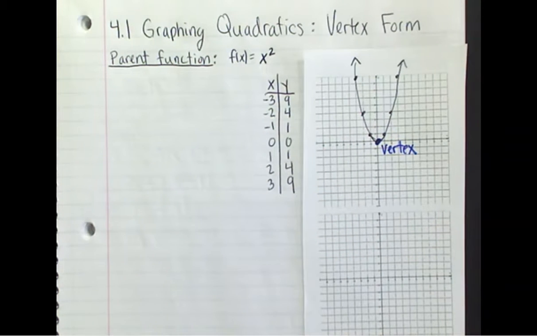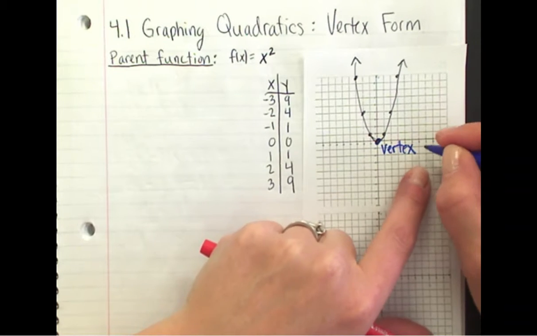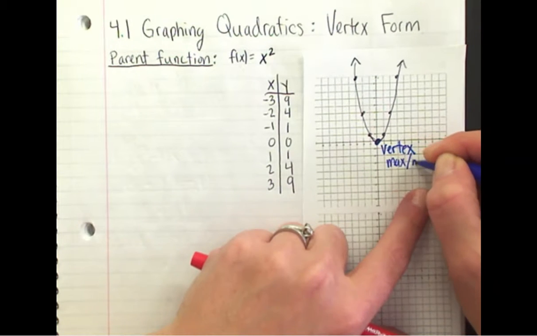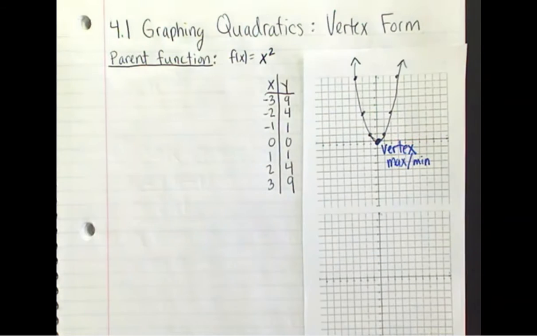Similar to the absolute value, it is a max or a min based on the opening. Max or min based on how the graph is shaped. Right?